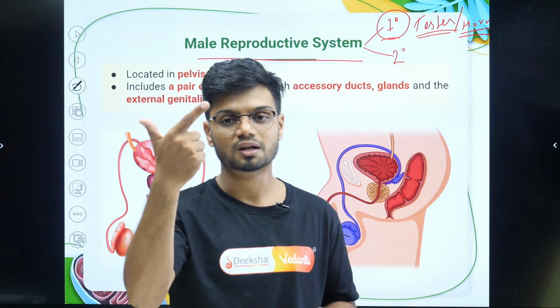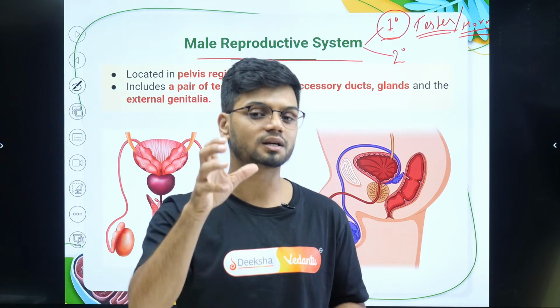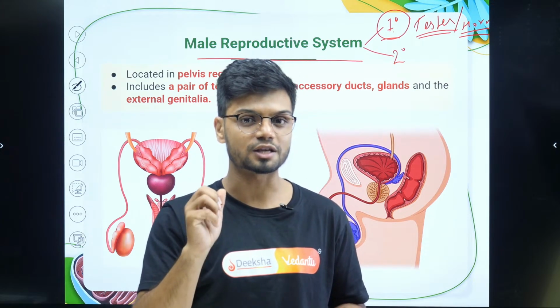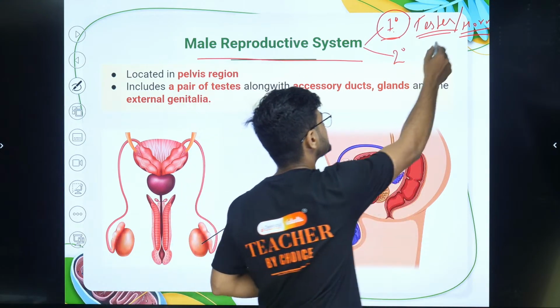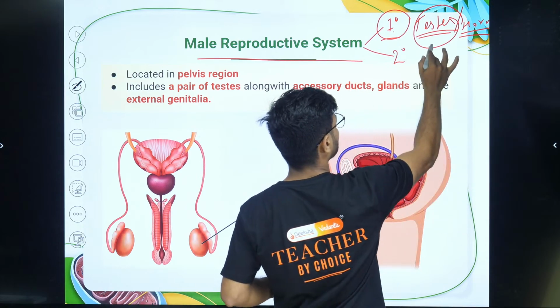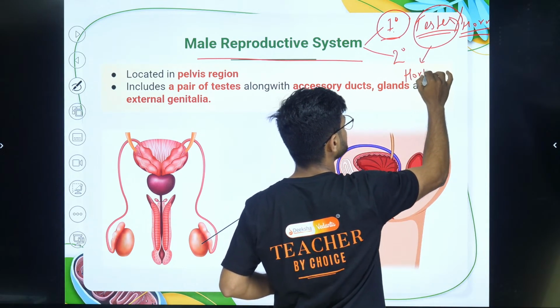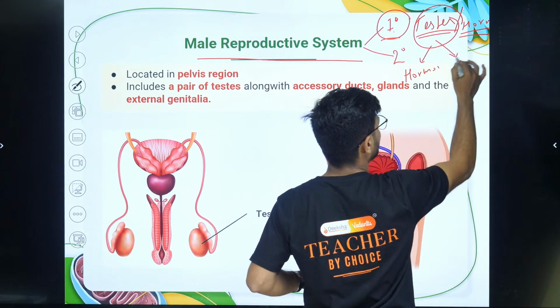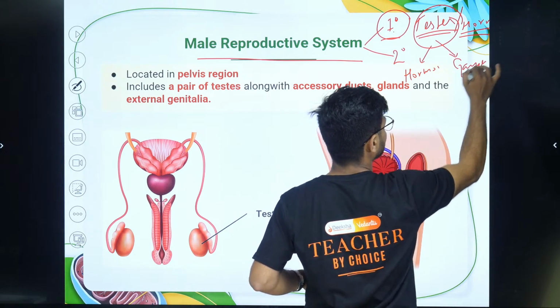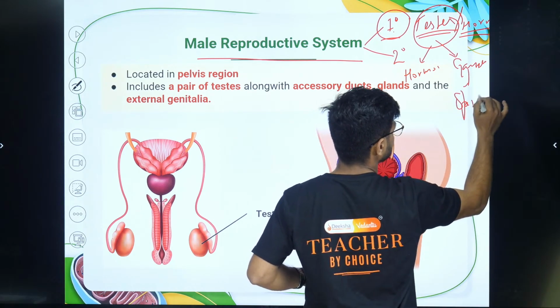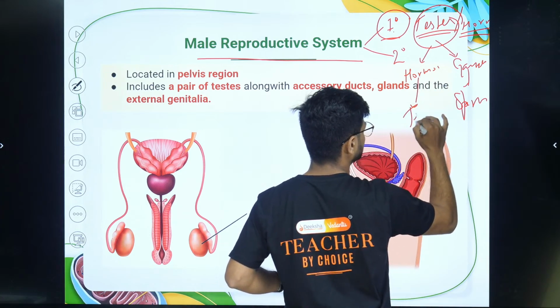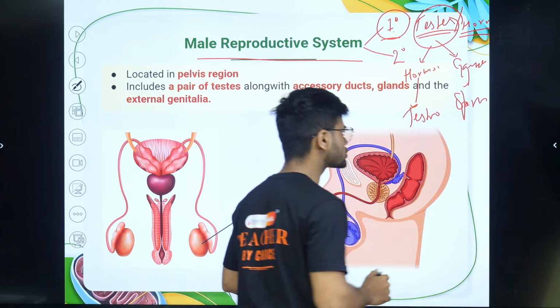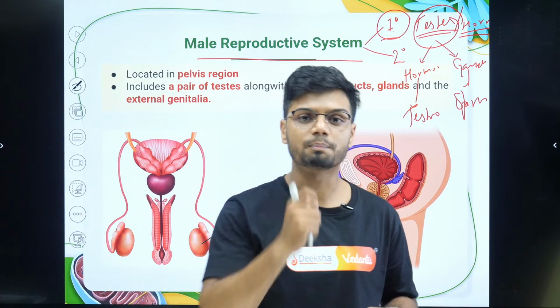The common organ in the case of male is the testis. Testis is the organ which will produce hormones like testosterone and also produce the gametes, such as sperm. Clear? That is the primary structure.